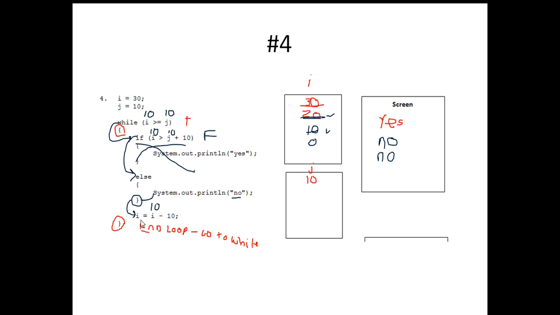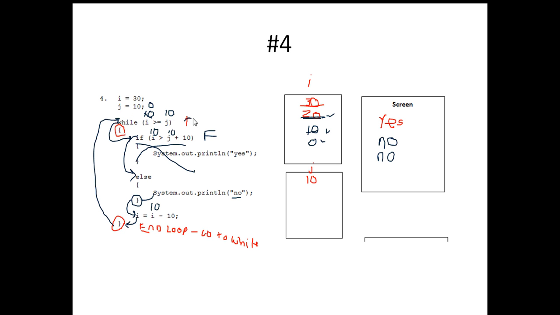The next line down is going to go down to a brace that says to end the loop and go to while. So we're going to go back to the while statement. Now I is no longer 10, I is 0. So the question is, because again, we look at our memory location, is 0 greater than or equal to j, or to 10?